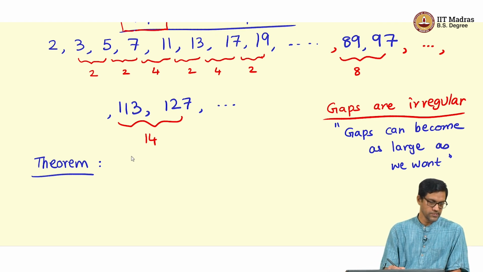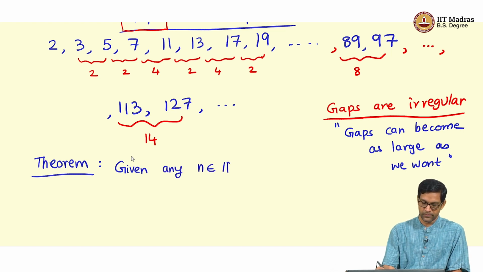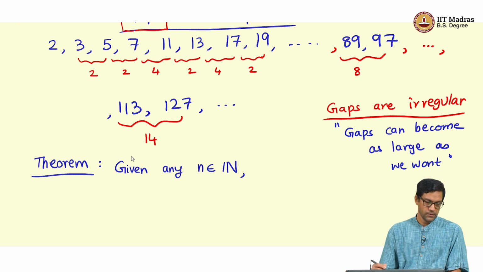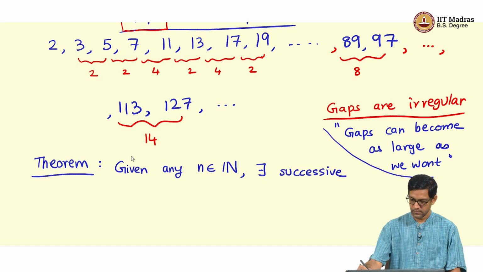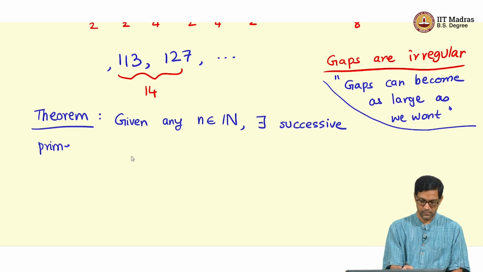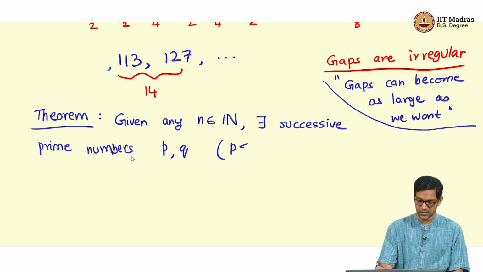So, here is the precise statement: given any gap or any natural number n, there exist successive prime numbers p and q. Let me assume that p is the smaller of the two.